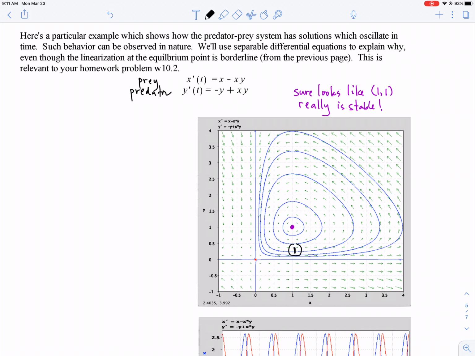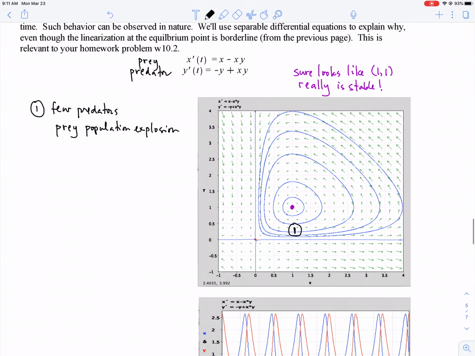There's not very many predators, and because there aren't very many predators, apparently the prey is not getting eaten, the prey has a population explosion. After all, they would be growing exponentially if there were 0 predators.